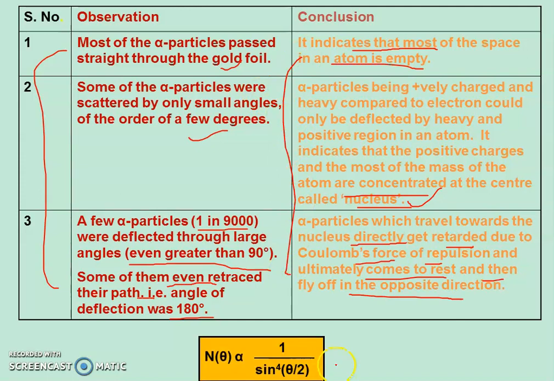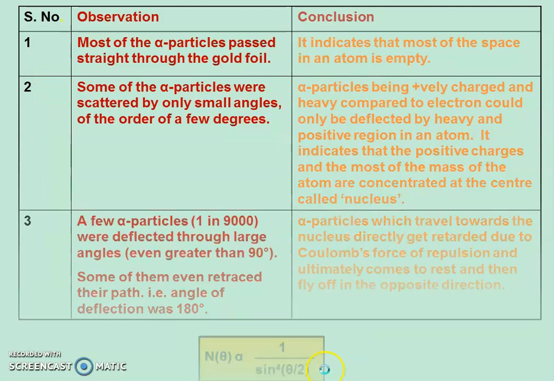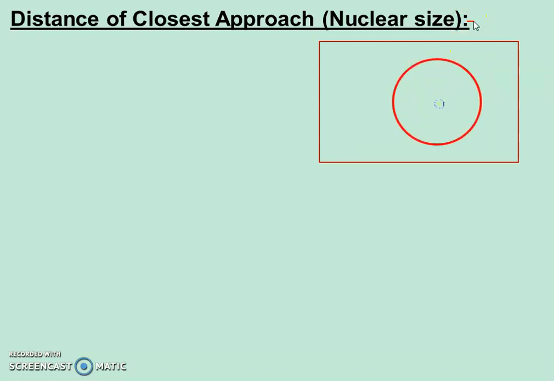This is the equation, the relation between the number of alpha particles scattered and the angle of scattering. Now, distance of closest approach. Closest approach means how closely the alpha particle approaches the atom. Now this alpha particle is going to strike the nucleus, but at this point it cannot go further.